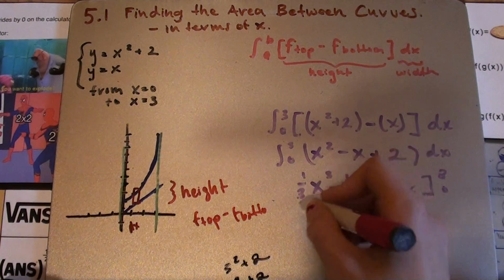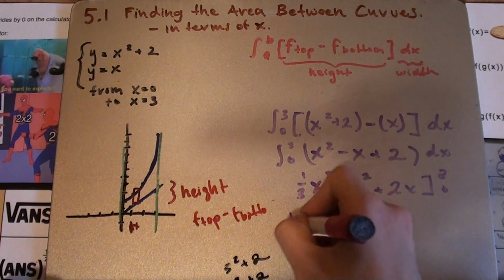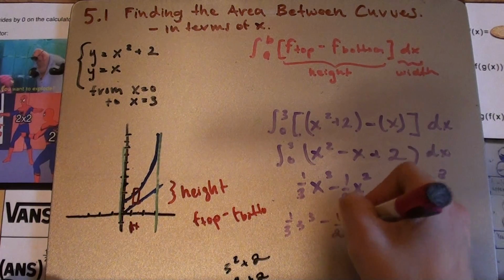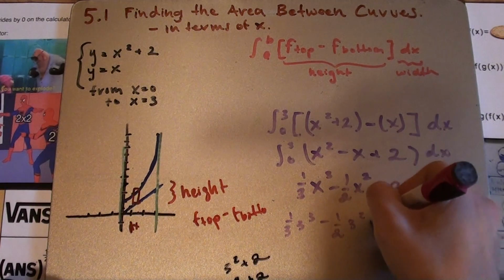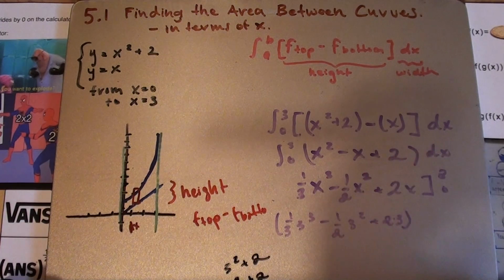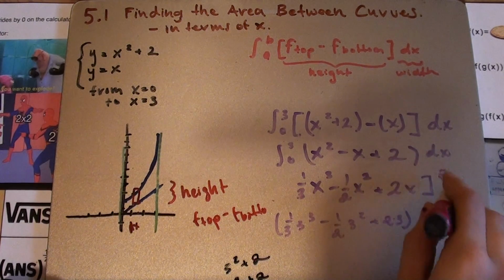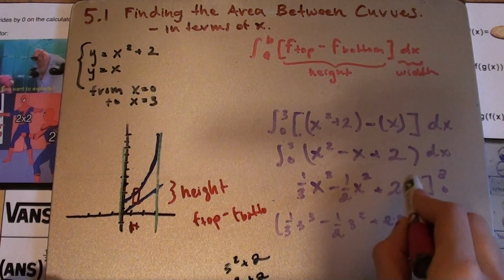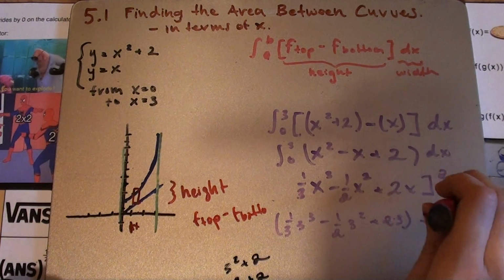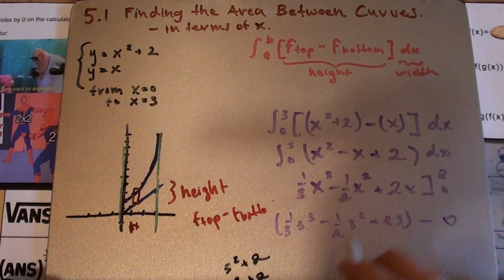So doing that, we're going to plug in 3: 1/3 times 3 cubed, minus 1/2 times 3 squared, plus 2 times 3, all of that, and then we're going to subtract out when we plug 0 in. That's just going to be a big fat whopping 0, so I don't even have to really think about that one.